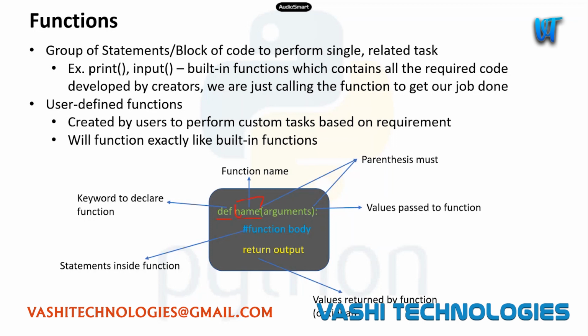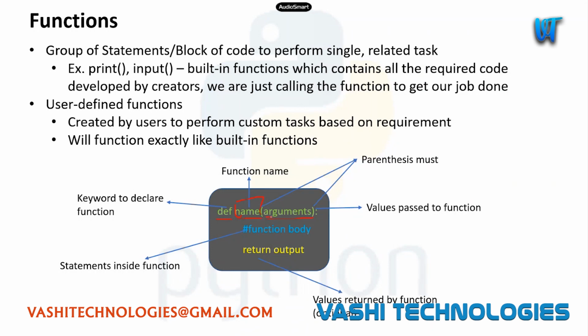Let's say we are writing one function which will return the calculator outputs, all the arithmetic outputs. We can name it def calculator, and then come the arguments. A function can contain arguments or not. We can also define a function without arguments.